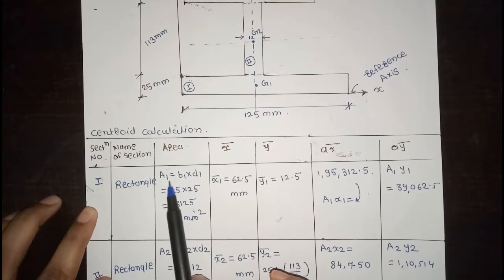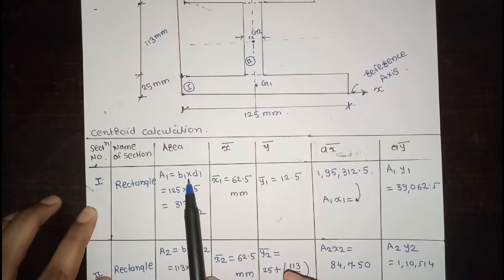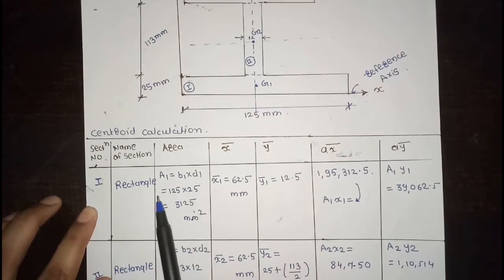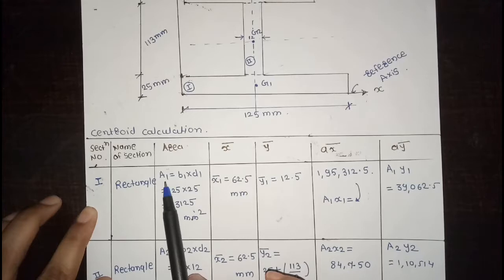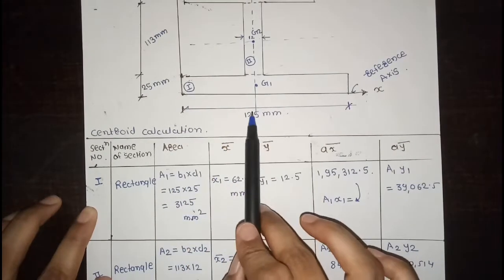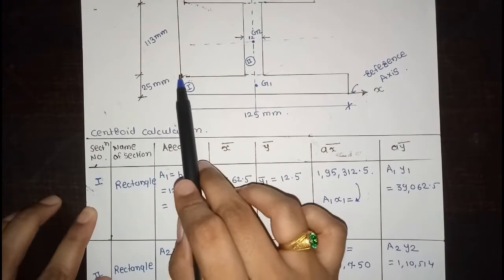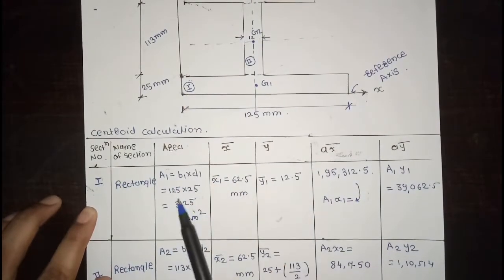Area of the first section is equal to b of first section into d of first section. So A1 is equal to b1, which is 125, into d1, which is 25 depth. Calculating it, we get 3125 mm square.